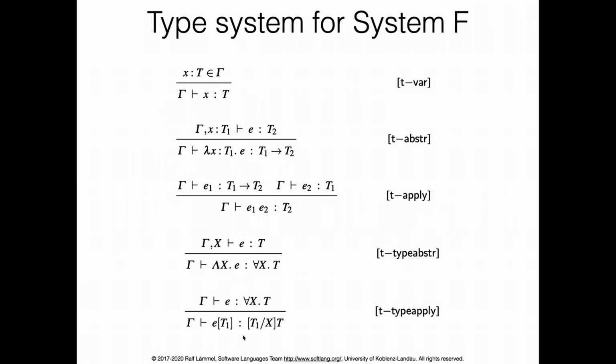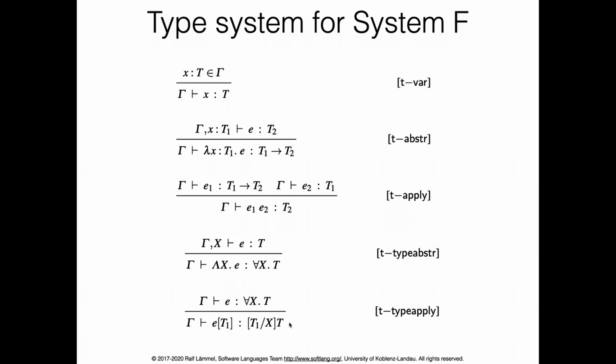And then when we have type application, well, obviously in order to be able to apply a type, we need a polymorphic type for E, okay? And then we just apply T1 for the type variable of the polymorphic type within the body of this polymorphic type. So this is again also very similar to beta reduction.